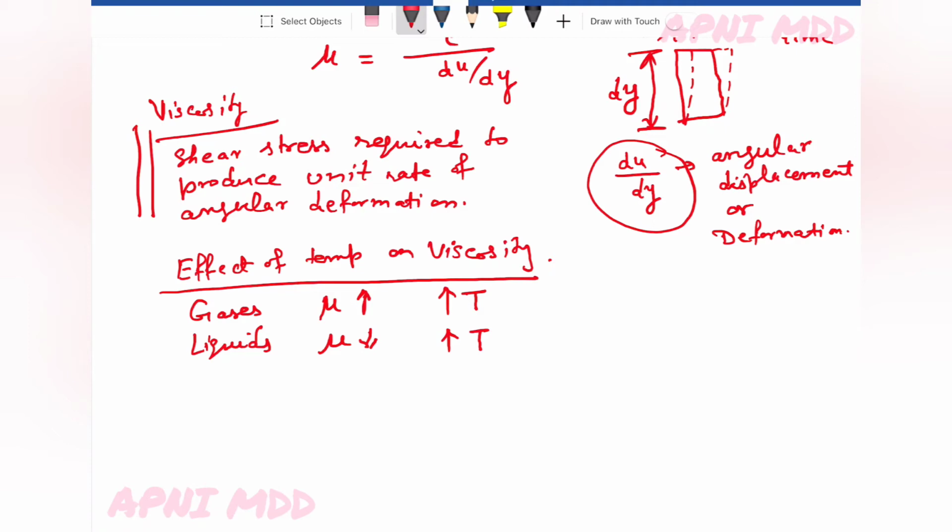The reason behind this is, in the case of liquid we have different molecules, and within these molecules there is some force of attraction, which we call cohesive force.